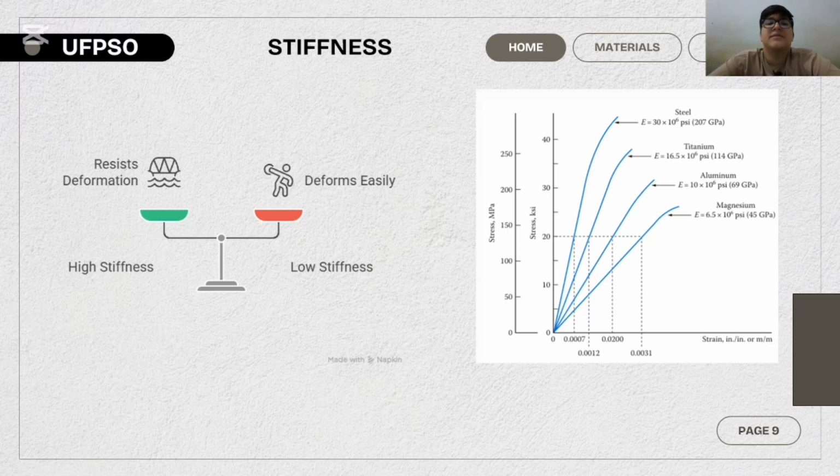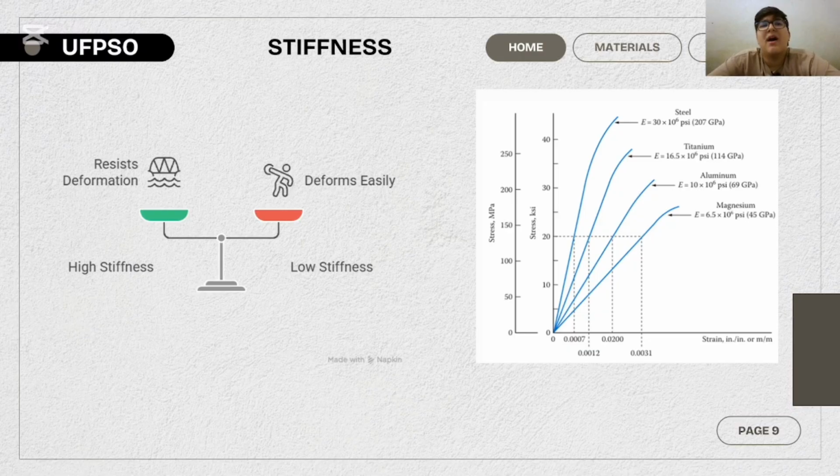Application of stiffness. Stiffness is directly related to Young's modulus, which is a measure of how resistant a material is to elastic deformation.